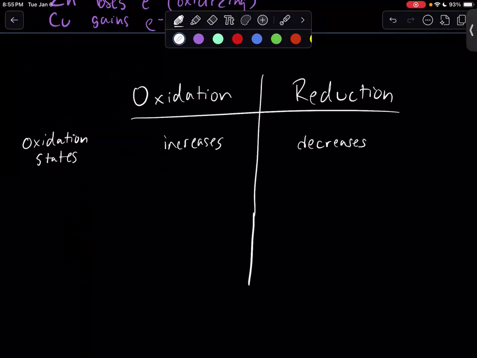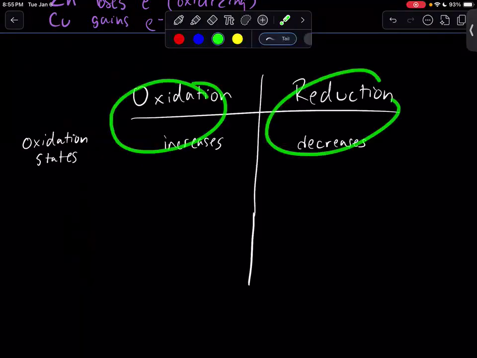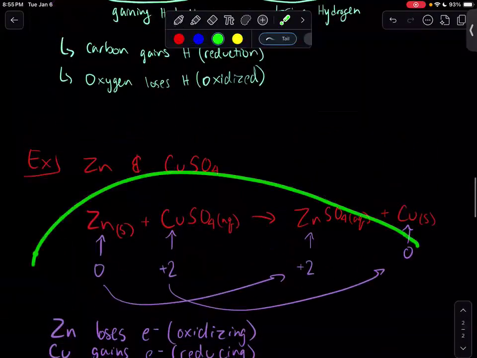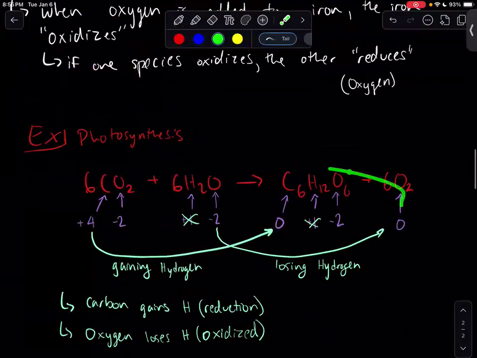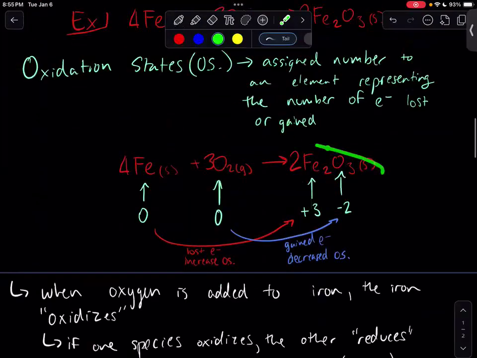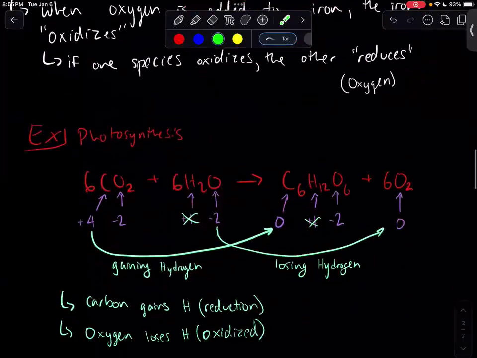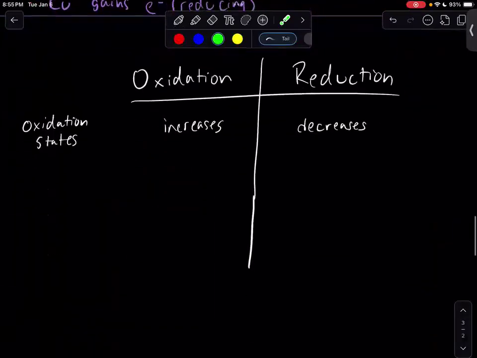Literally, the oxidation state is reducing or decreasing, and therefore it is being reduced. To me, this is the most straightforward way to find whether something is being oxidized or reduced. Even in all three problems, I tracked oxidation states to really make sure that oxidation or reduction was happening. So oxidation state is your go-to.